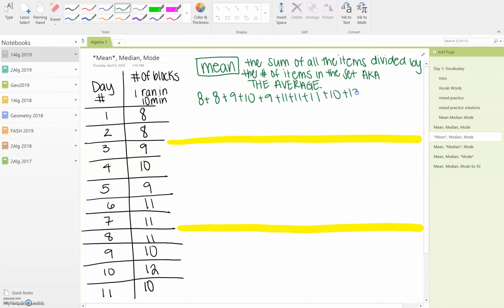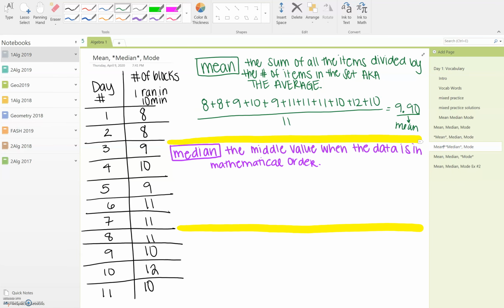Plus 10 plus 12 plus 10. So I'm going to add all of that up, and then I'm going to divide that by 11 because that's how much data I have. Like that's the numerical number of data that I have. Okay, so I'm going to go ahead and add all of that, then divide by 11, and then I'm able to find our mean. All right, so then over here we find that our mean is going to end up being 9.90.